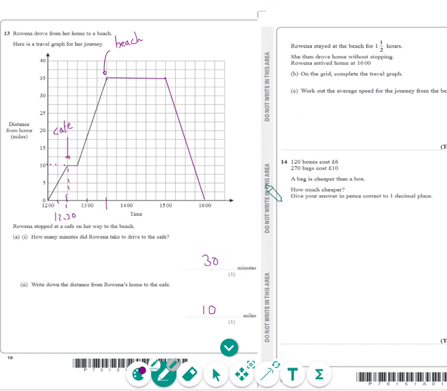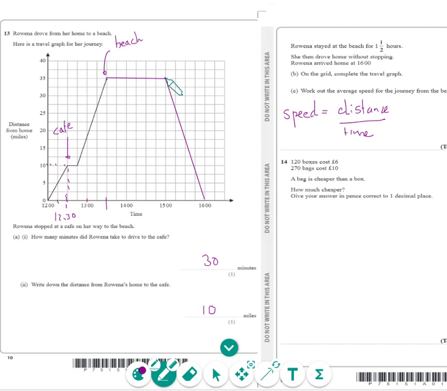Part C, work out the average speed for the journey from the beach to Rowena's home. Okay, so if we want to work out the speed, we need to think about the distance she travelled over the time taken. So let's have a think.